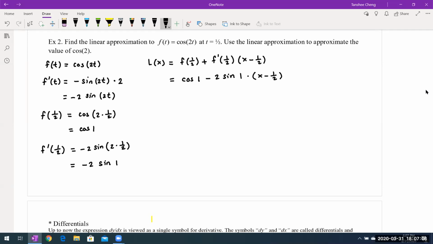Now what we want to do is use this linearization function to do the linear approximation for the value of cosine of 2. So here's the question: what is the value of cosine of 2? And here's the important part, because I need to know exactly where my x is going to be.